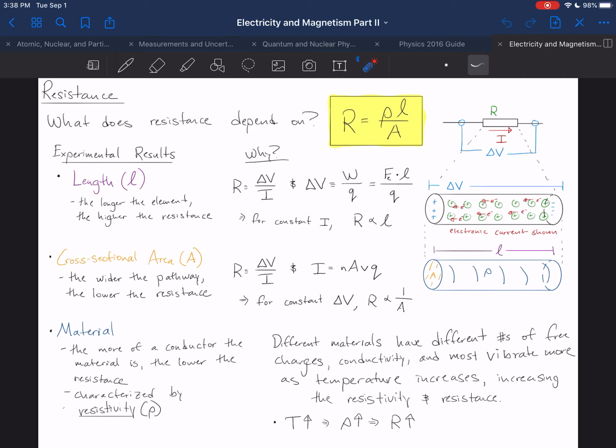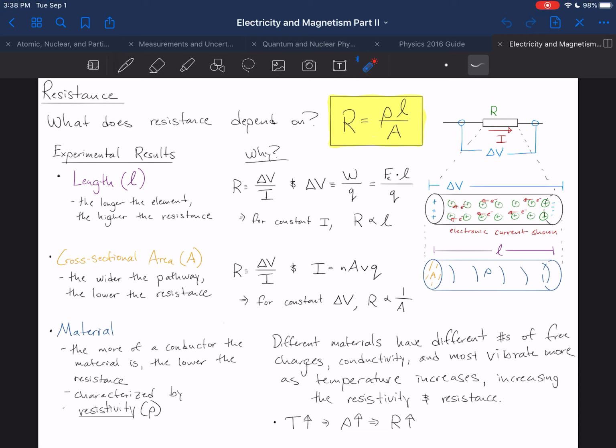You can put it in a circuit and figure out what the resistance is, but you wouldn't be able to calculate it using this formula. And so every time we said you need to assume such and so is the same, with the current, the electric force, and the charge, those assumptions all go into this.